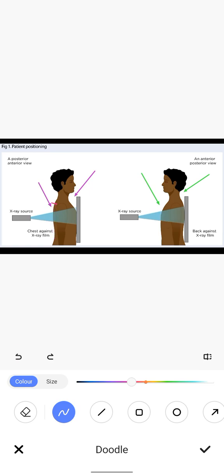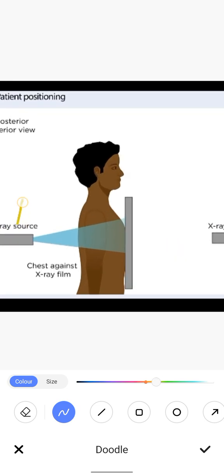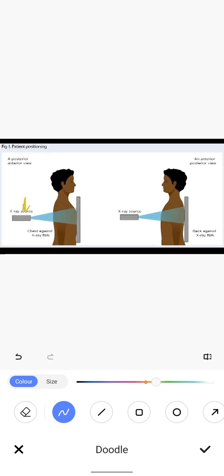This one is the X-ray tube here, and here this is the X-ray tube. Now, look over here. From the X-ray tube, the X-rays are emitting in the first image, first striking the posterior side of the body, then getting into the body, emitting from the anterior side of the body, and then striking the detector.